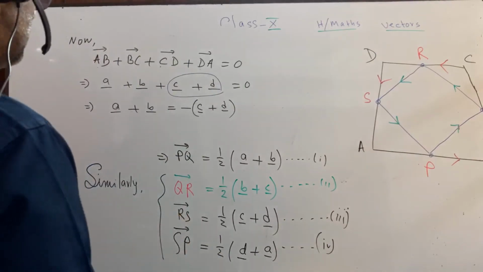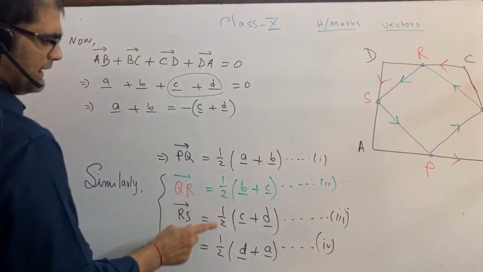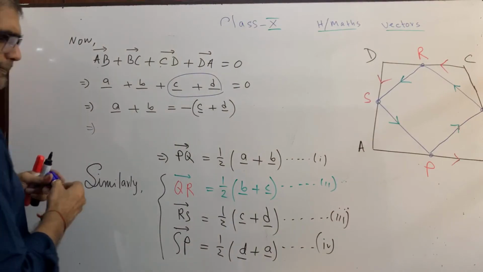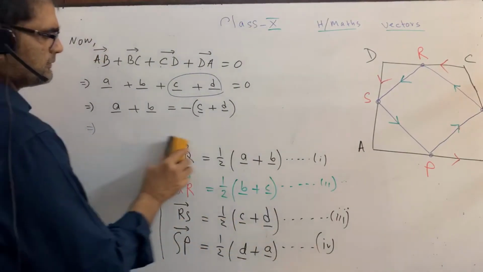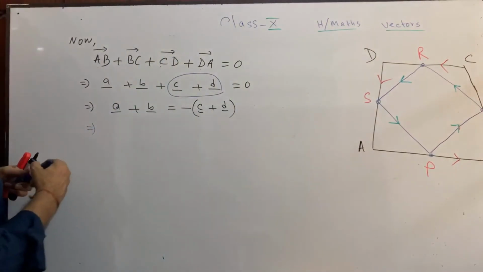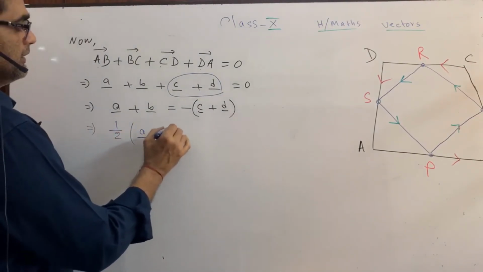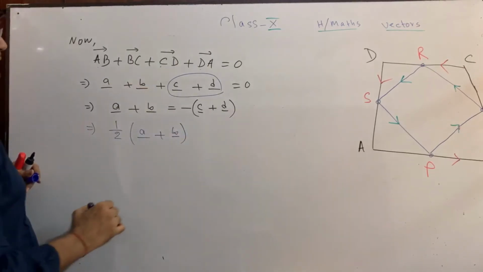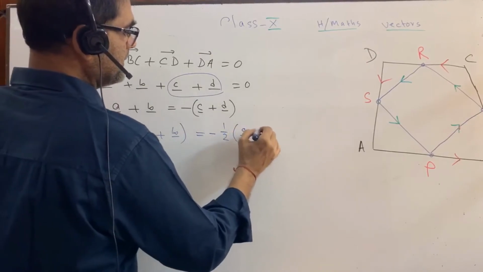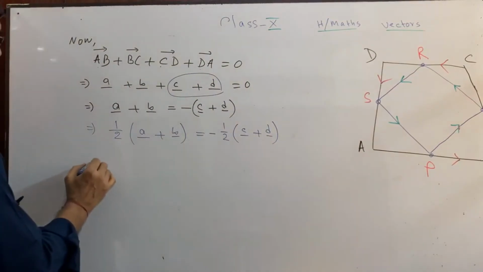Now you see, here it is half. Here it is also half. So I can multiply with half. Write down half of A plus B is equal to minus half of C plus D. So what is half of A plus B?